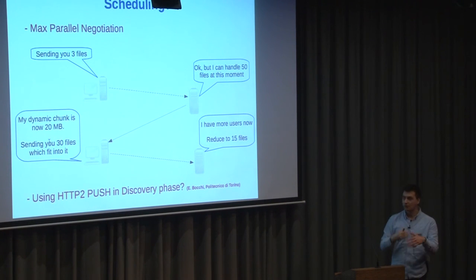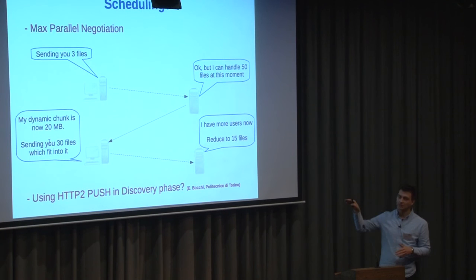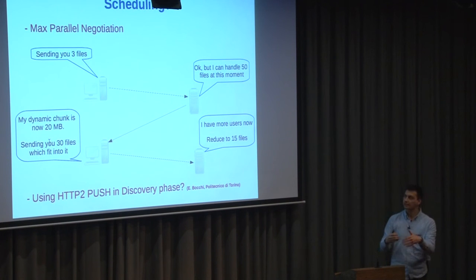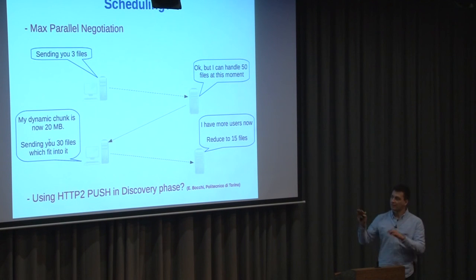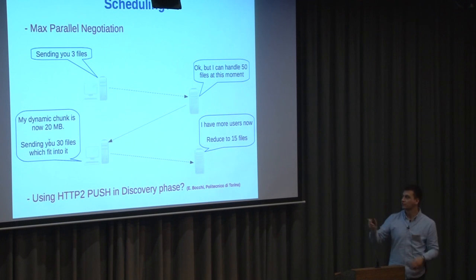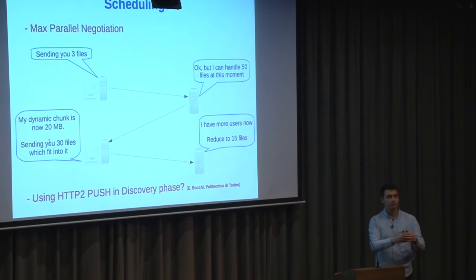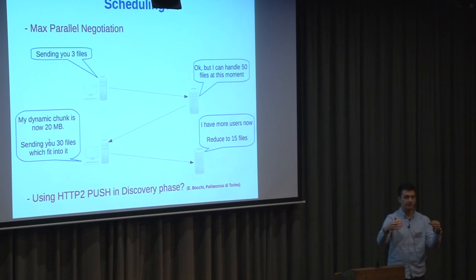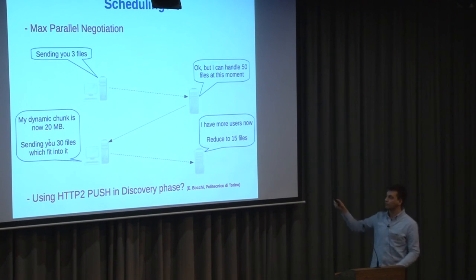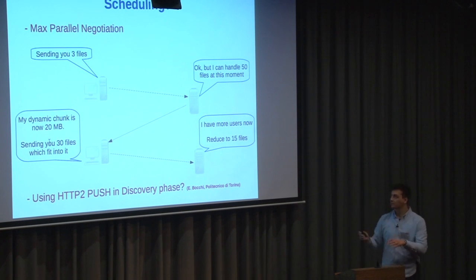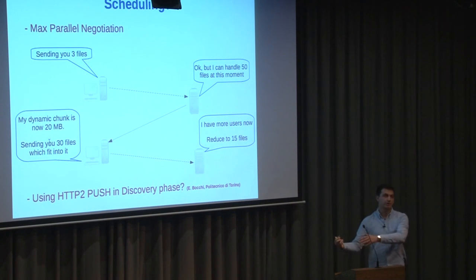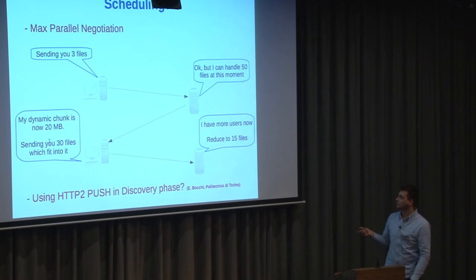Then on the server, using dynamic chunking, we concluded that our network could handle something like 20 megabytes in one shot. So I said, okay, I will try to send 30 files which will fit into this chunk size, apart from big files. We send these files, and the server then says please reduce to 15 files, because new users came, so please slow down the execution.